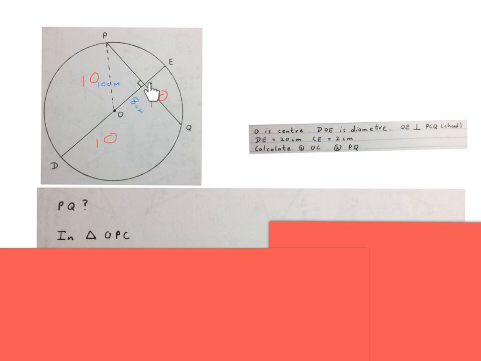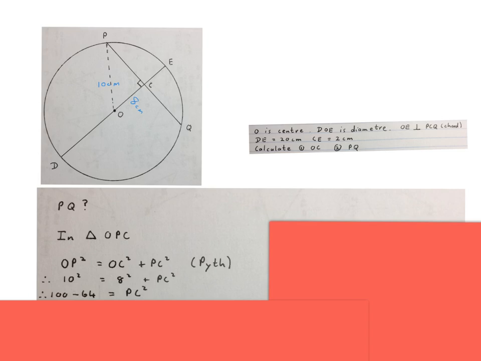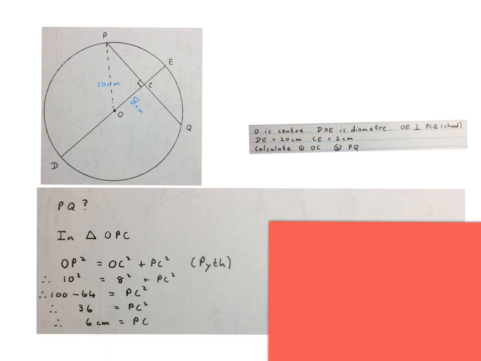Now we can use Pythagoras in that triangle because we have a right-angled triangle. We can write OP squared equals OC squared plus PC squared from Pythagoras. Fill in the lengths. And then we want to work out PC. So PC squared equals 36. And by square rooting both sides, I get PC equals 6 centimeters. So that's the length from there to there.